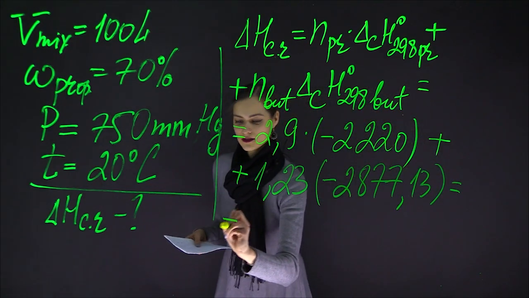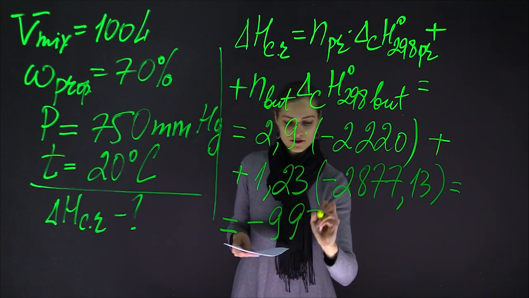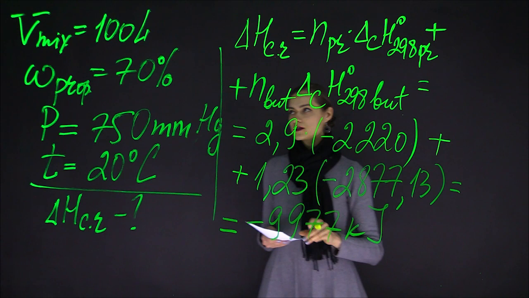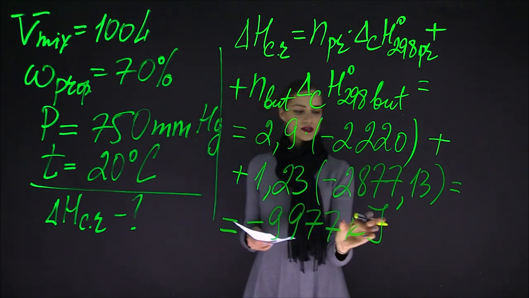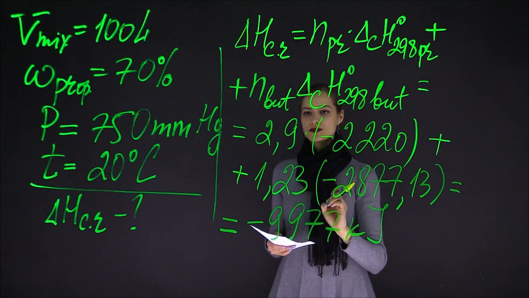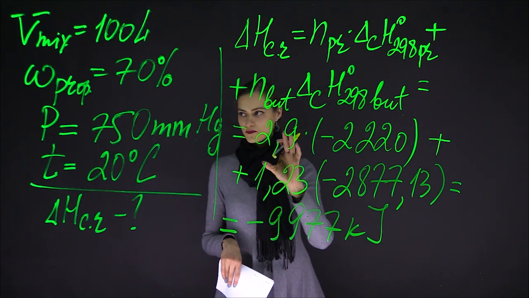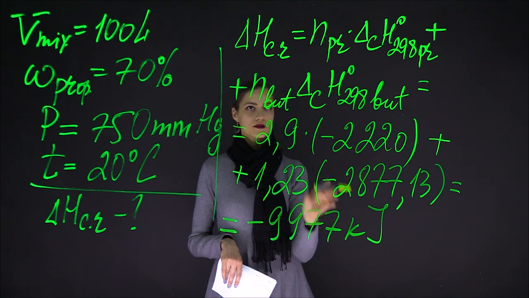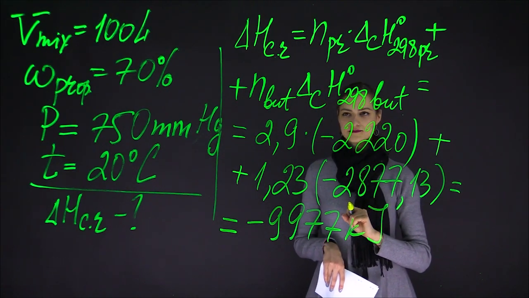And finally, we have minus 9,977 kilojoules. One note: the units for standard heat of formation and standard heat of combustion are kilojoules per 1 mole. But here we are calculating for an exact amount of substance, so the unit for the heat effect of the whole reaction is just kilojoules.